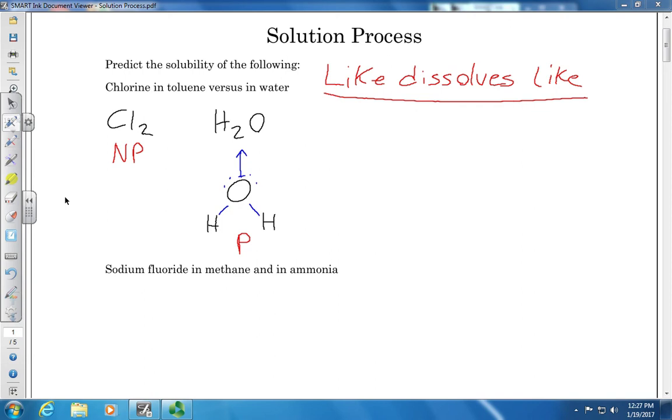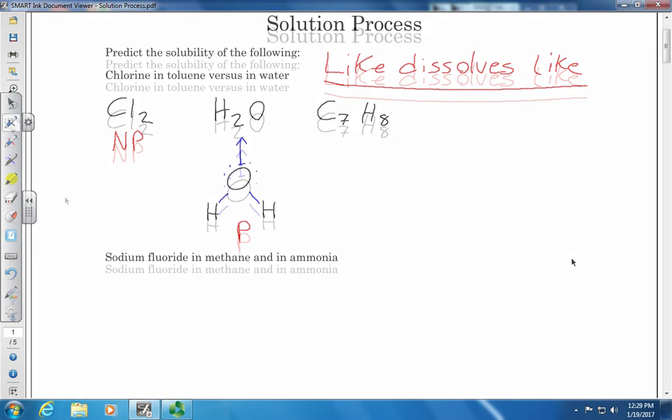The last one we have is toluene. Toluene you may not be familiar with quite yet, but it's C7H8, and it looks something like this. When I draw organic molecules, specifically hydrocarbons, each of the corners represents a carbon, and the hydrogens are generally implied, but I'm going to write this out explicitly so that it's easier to see.